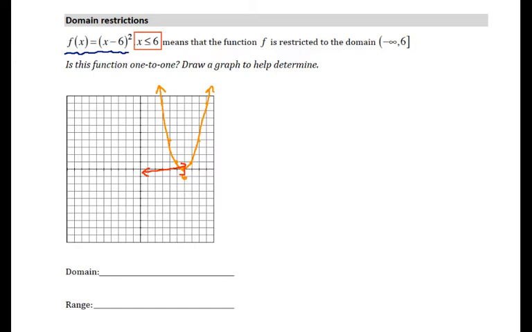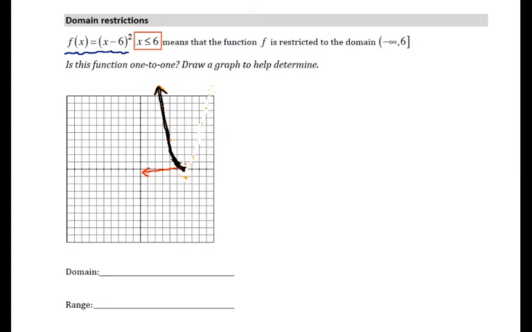So I'm going to keep the left side of this graph and erase the right side. Of course, I'm erasing some of my grid while I do this, but you get the idea. So that I get a graph that now does in fact pass the horizontal line test.